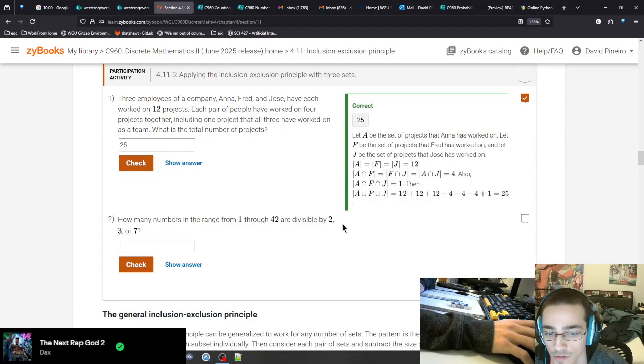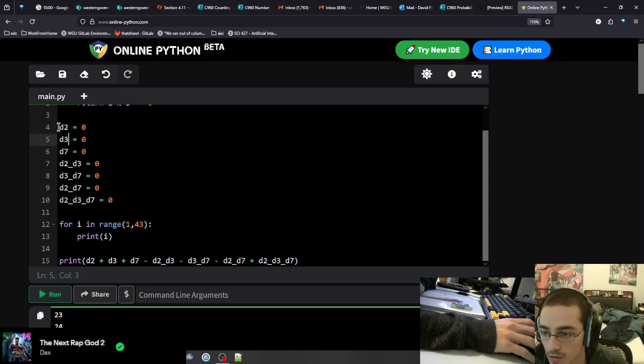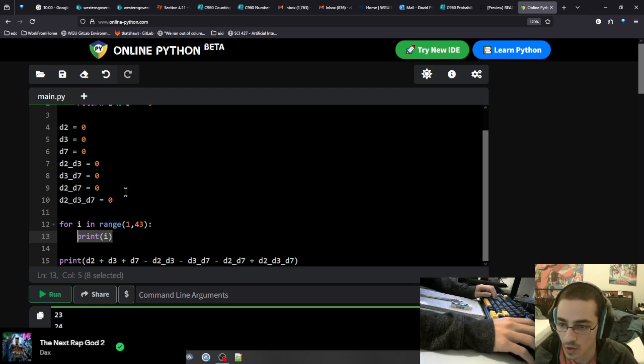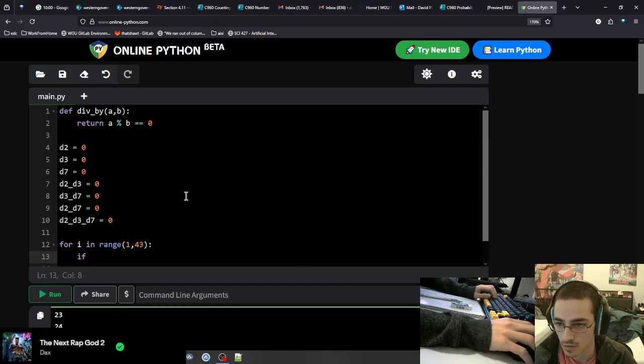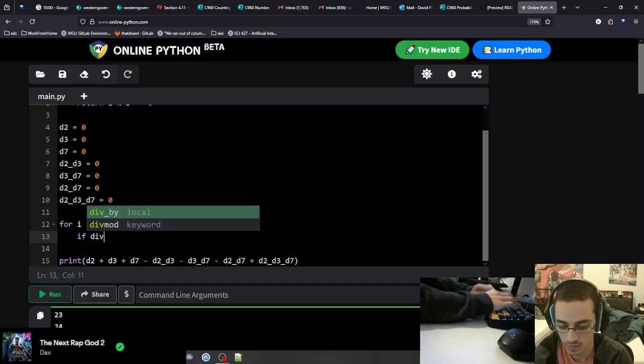D2, D3, 2-3, 3-7, 2-7. Cool. We're going to loop through this many times and increment all of these. Actually, no, we're just going to do a bunch of checks.